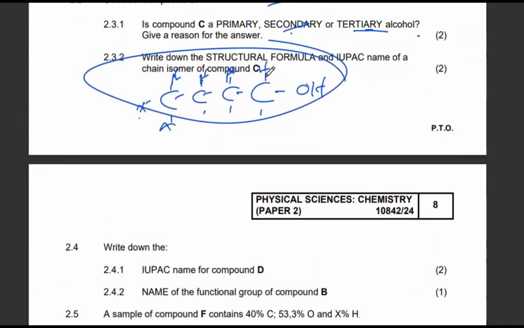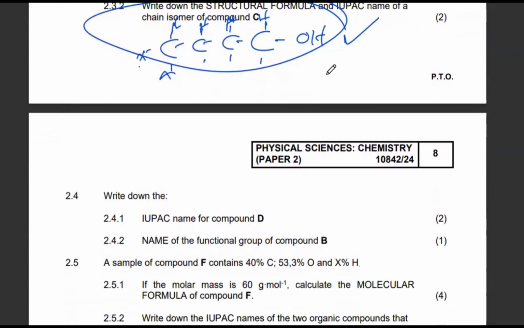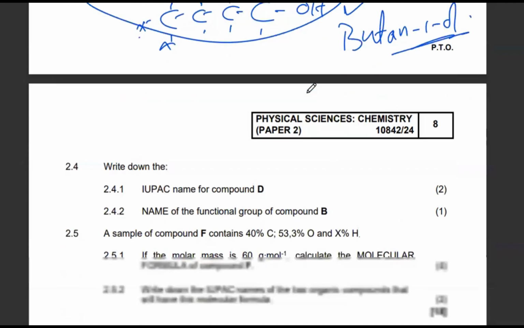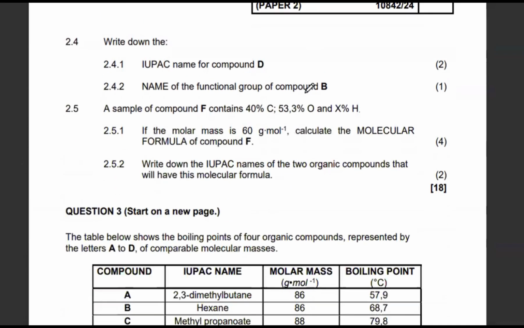They may ask you to write down the structure and IUPAC name. So the IUPAC name is butan-1-ol. So that is it, guys. Then we go to the next question.